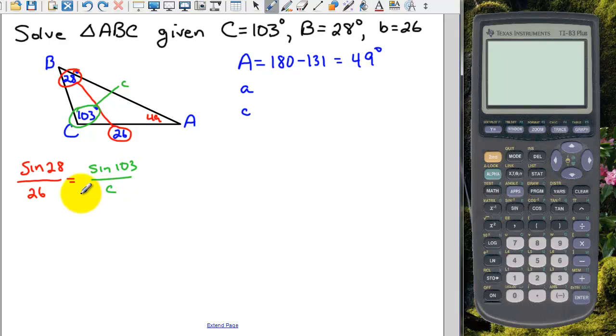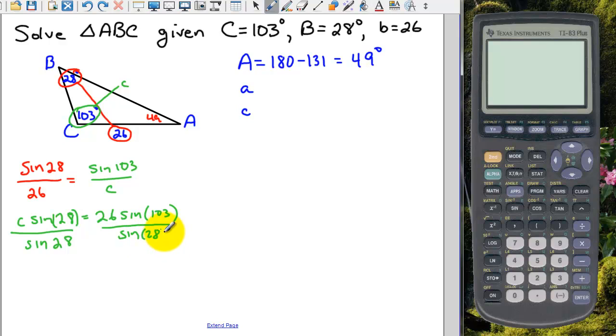over C. Now we have a proportion problem, so we cross multiply. We're trying to solve for C, so this is multiplication, so we can divide both sides of the equation by sine of 28. And we can use our calculator here to calculate that.